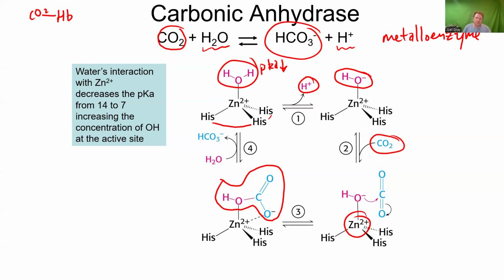If these histidines lost that zinc, would this reaction still take place? No. The amino acids are kind of like the conduit that hold on to the zinc that does the reaction. And I apologize if I didn't use the word conduit right. At any rate, does that make sense?